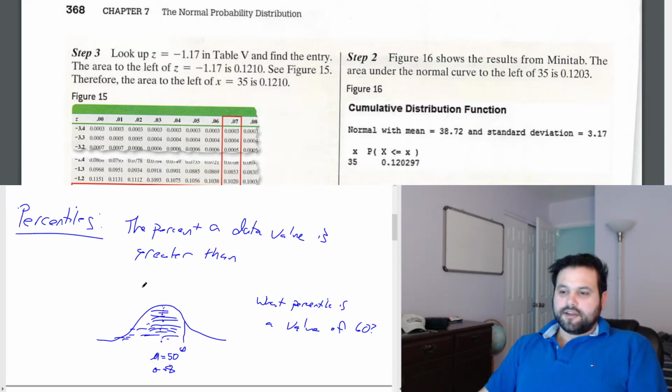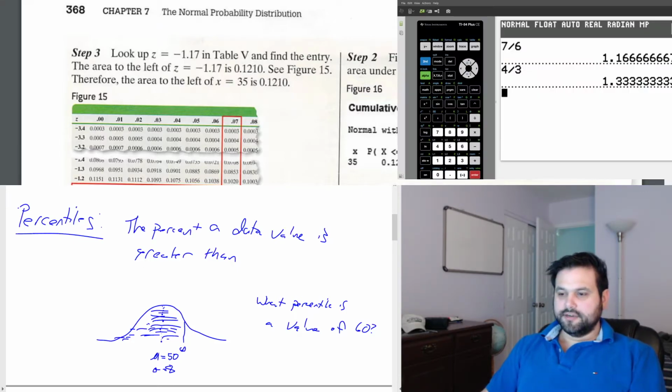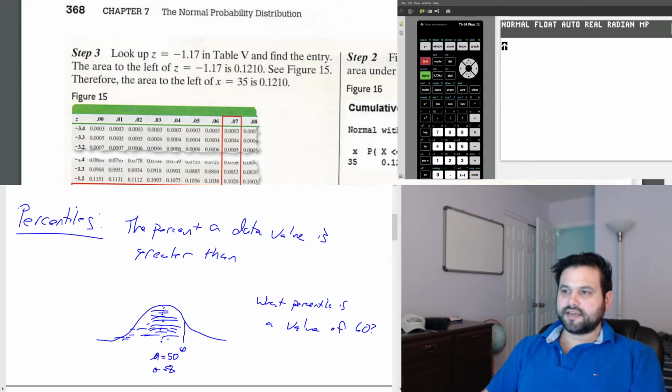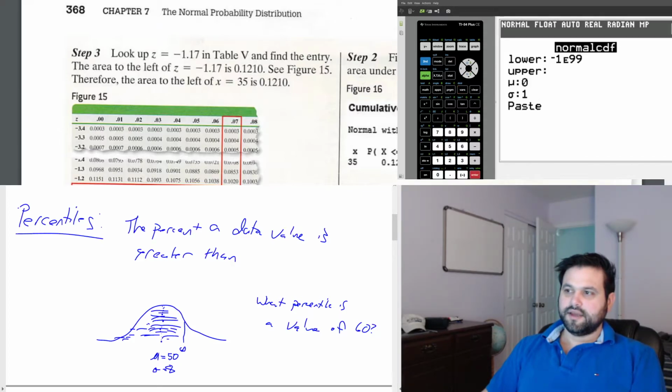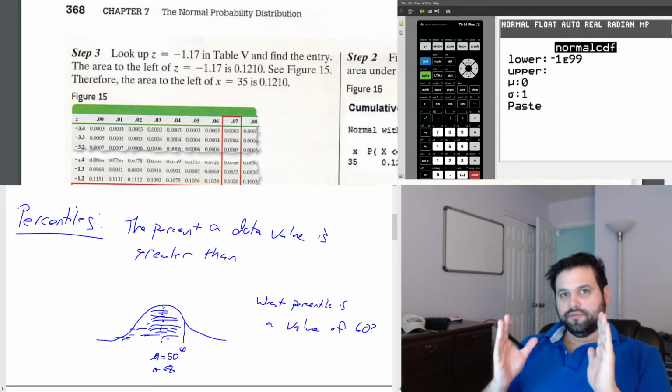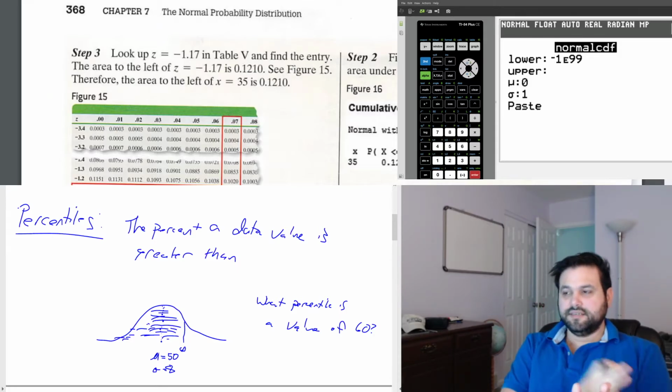The reason I'm talking about that is because when we go to our calculators, we're going to go into second distribution and we're going to go to the normal CDF, and the lower and upper bounds, right? I'm not looking between two values. I'm just saying what's less than 60.